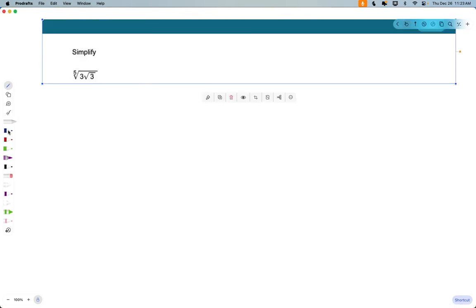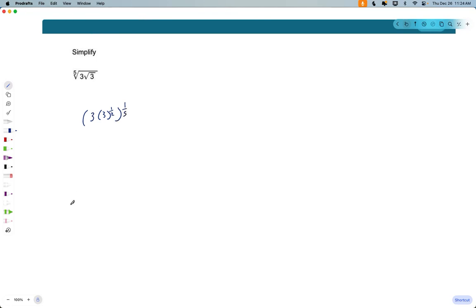All right, so here's another one of these. These should be getting easier for you now. We start with the innermost. Both of our bases are the same. They both have an exponent of 1. This should be 3, the square root of 3, and then 3 with an index of 5.